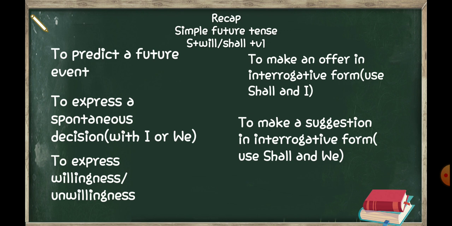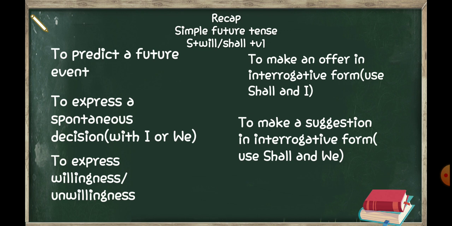So for that kind of action, you can use simple future tense. Then to express willingness or unwillingness, whether you're interested to do that thing or not, you can express it using simple future tense.